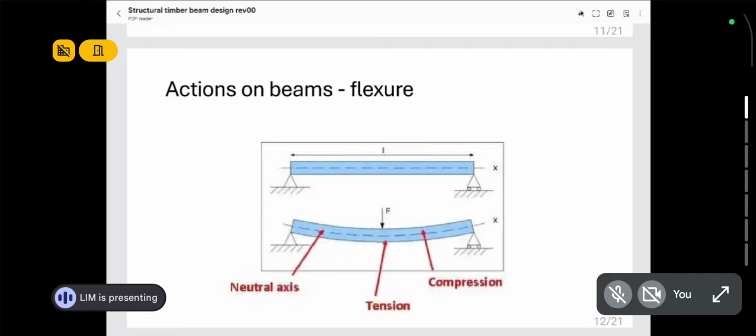When you have a beam, simply supported, for example, and I apply a vertical load, the beam goes into flexure. You then have a neutral axis roughly around the mid height of the beam where the stress is zero. At the bottom of the beam, it goes into tension, and the top of the beam goes into compression.